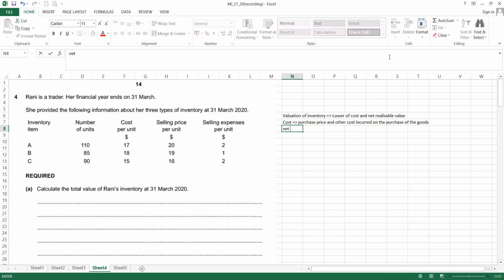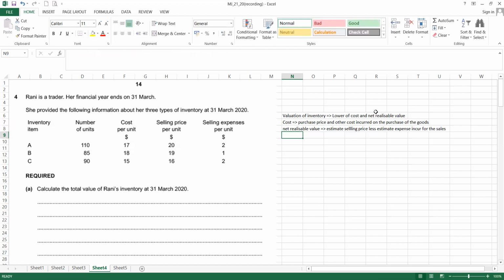Whereas net realizable value is the estimated selling price less estimated expenses incurred for the sales.